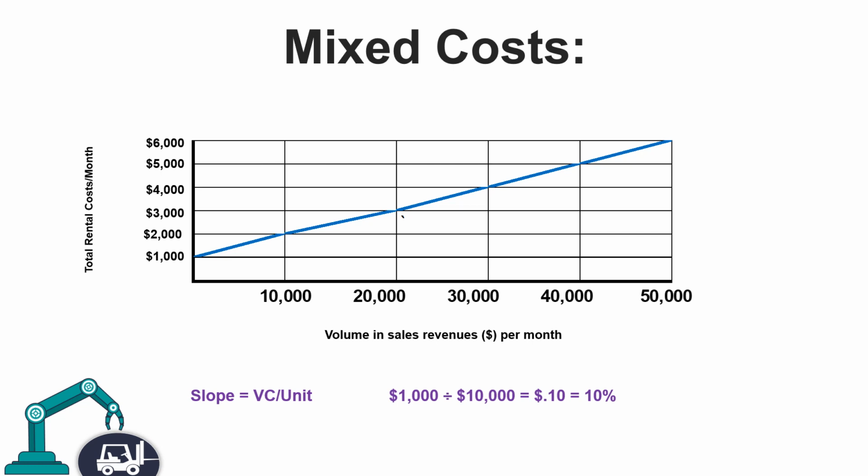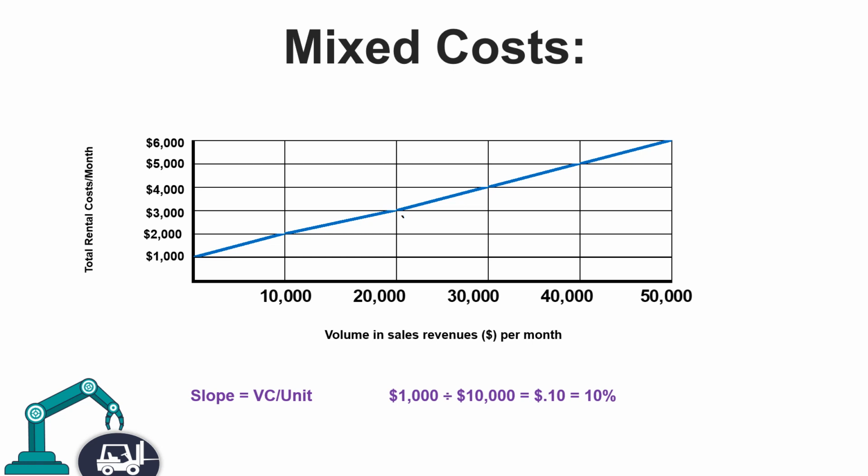If we increase our volume to $20,000, then the additional rental cost would be 10% of $20,000, or $2,000, added to the base amount of $1,000, which would be $3,000.